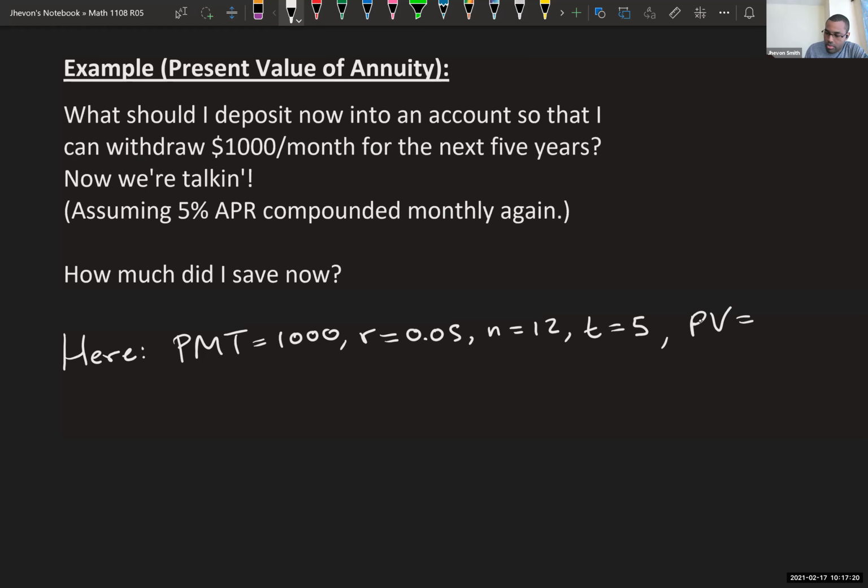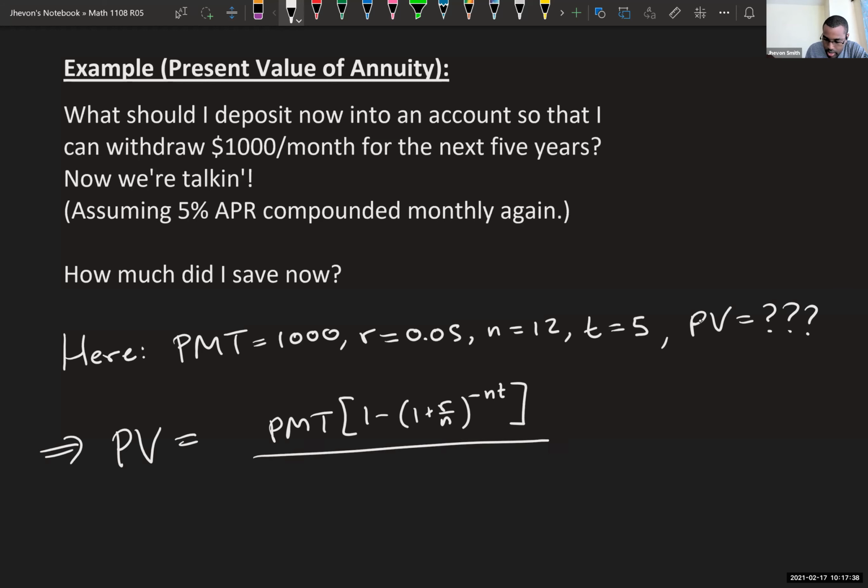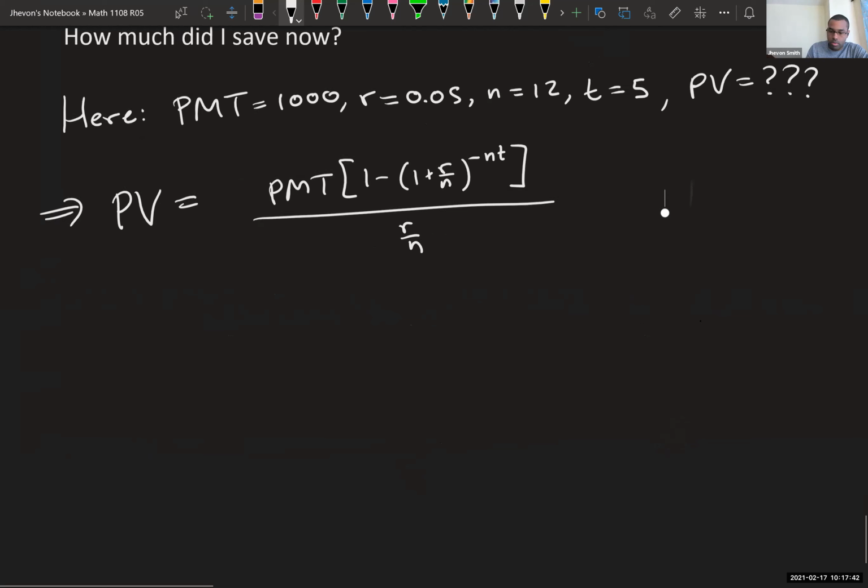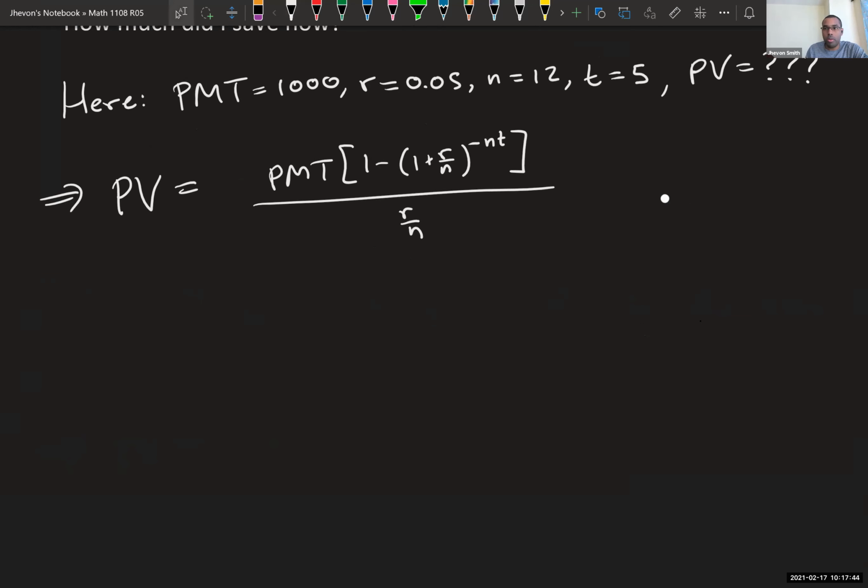So what is the present value I need now in order to have this happen? So we know that the present value is going to be PMT times 1 minus (1 plus r over n) to the minus, don't forget that minus nt, all over r over n. Okay, so that's the relevant formula.